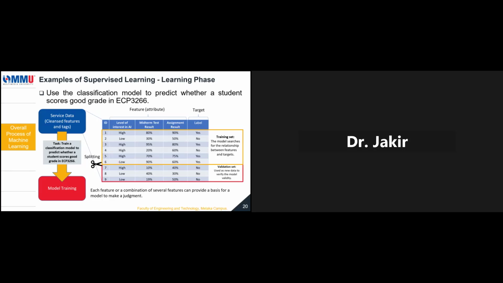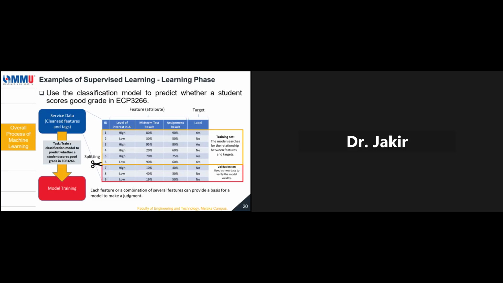Yeah, so in the figure you can see how we can create and build an AI model, as I told you, based on the data. All right, so the data is here and the scenario is an example of supervised learning, in the learning phase.